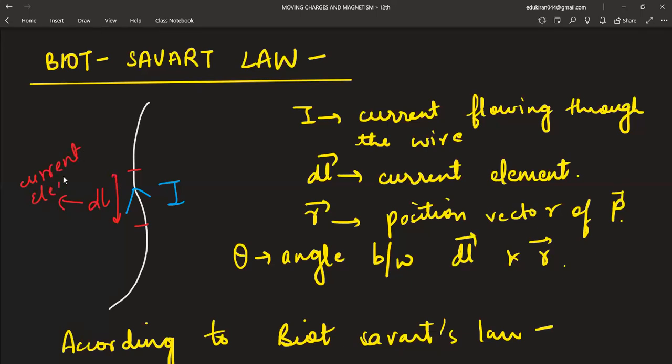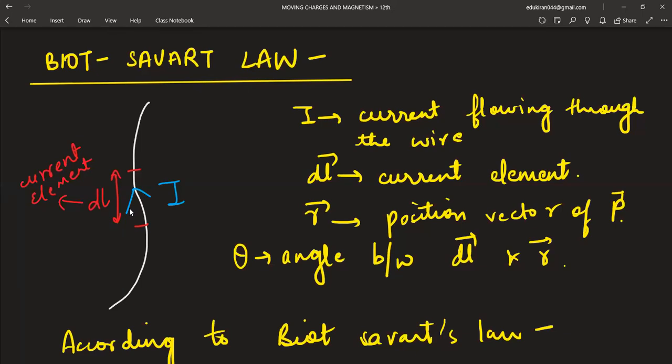So dl means we have chosen a segment from the entire wire, and it's very difficult to integrate the entire wire all the time. So we just take a small portion from the wire and then we analyze the current that is flowing through it.